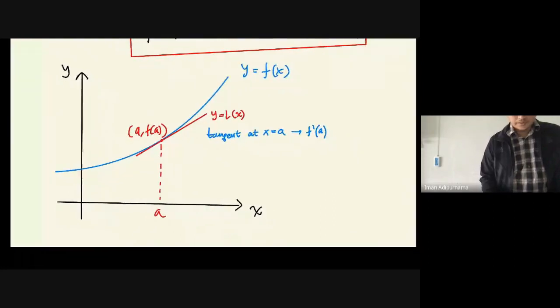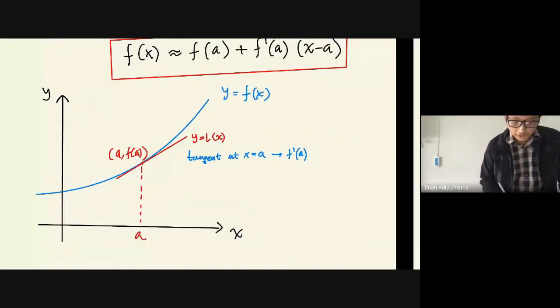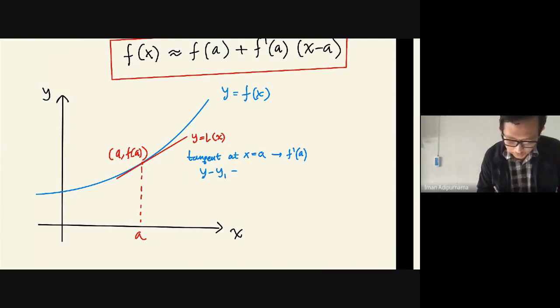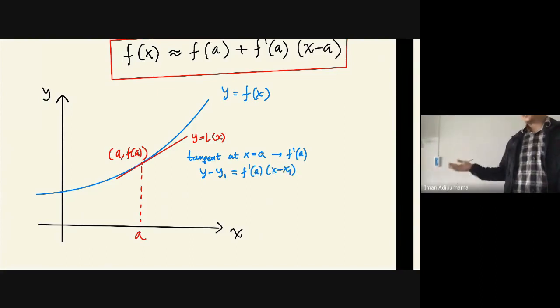From here we can also make our own expression, and we will get a similar approach. This is f prime of a, and x. Remember how to find the equation of a tangent line.